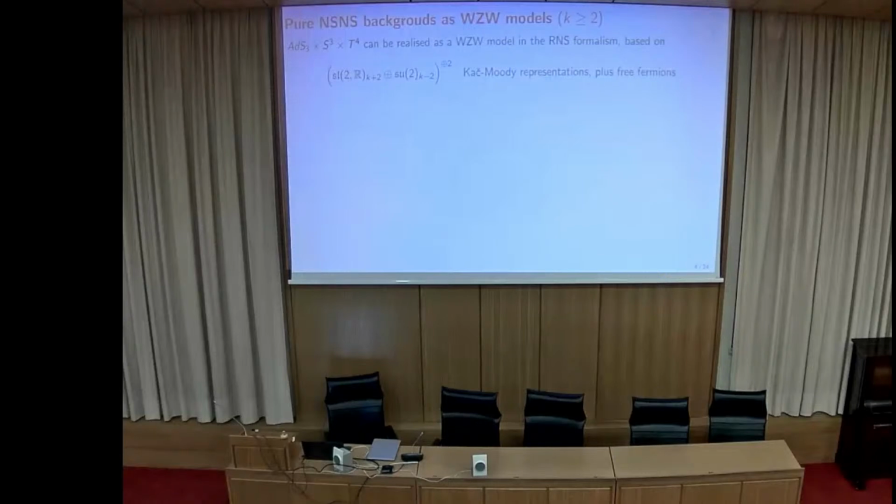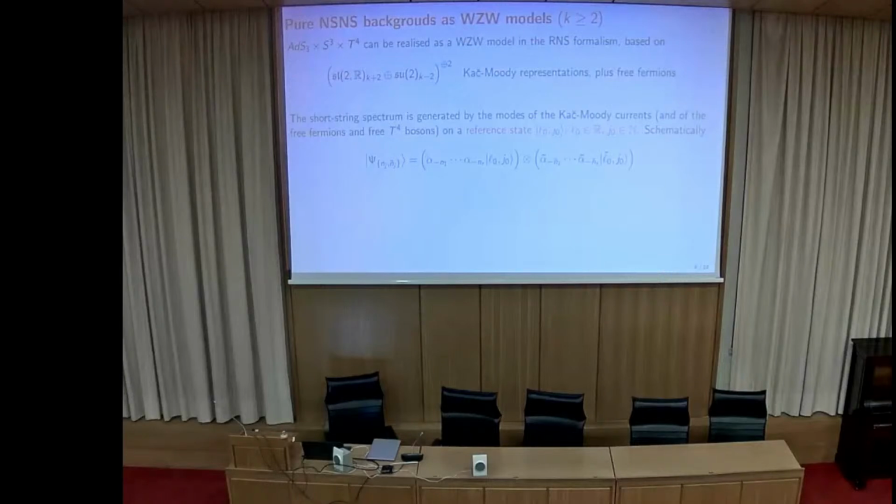But this is not kosher if K is 1, because then you have level minus 1. And that's a bit fishy or non-unitary. For K equal to 1, you have to do a different approach. But let's deal with the general case.